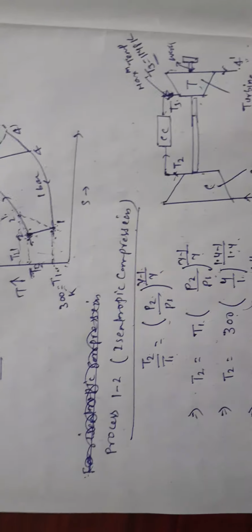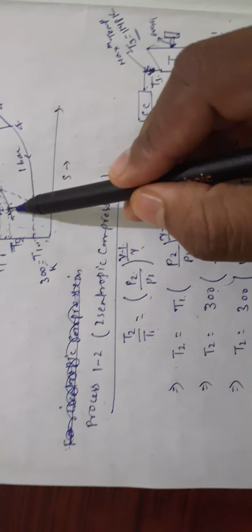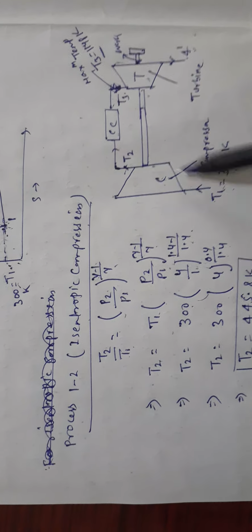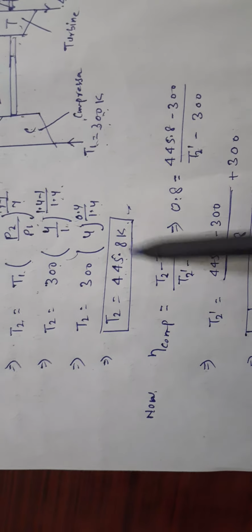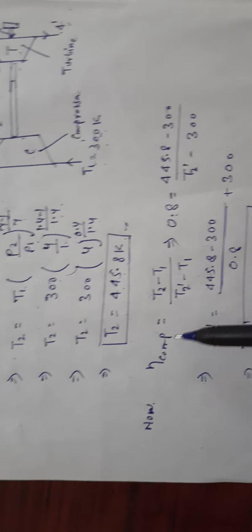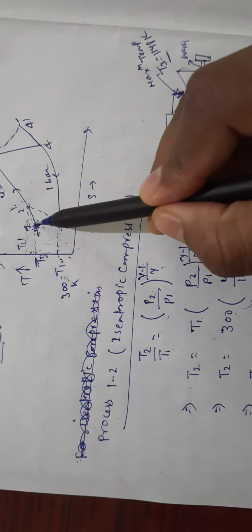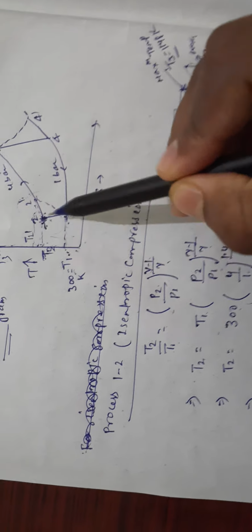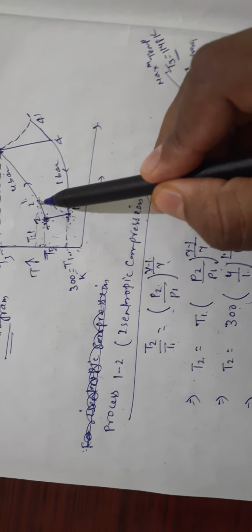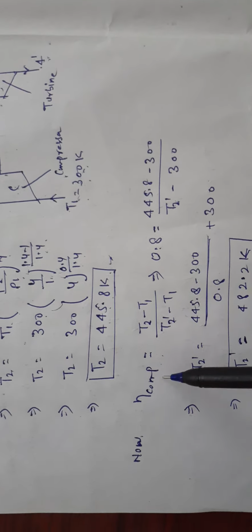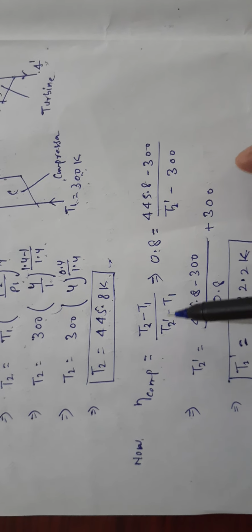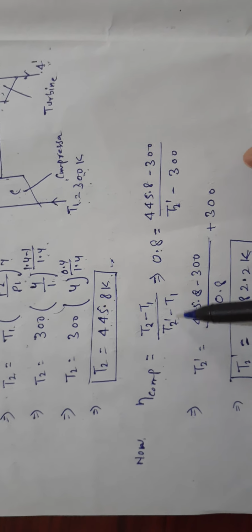Now we are going to find the temperature T2 dash. Here is the compressor, with T1 and T2, so we have to consider the efficiency of the compressor. From the T-S diagram, the efficiency of the compressor is (T2 minus T1) divided by (T2 dash minus T1).